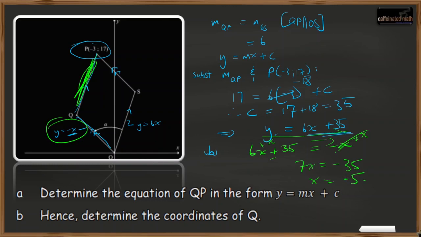And if we substitute that into the easiest equation, minus 5 just gives us a positive 5. So y is equal to 5. Therefore, the coordinates of Q are going to be minus 5 on the x value and 5 on the y value.